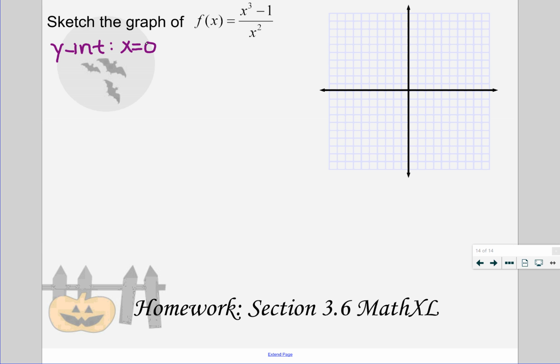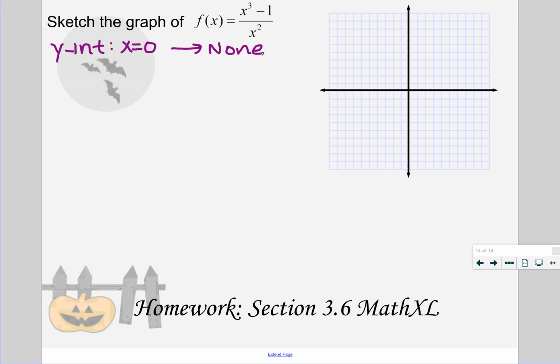Now, if I put 0 in this function in the denominator, what's going to happen? Am I allowed to divide by 0? No. So that means there is none, which means likely you actually have a vertical asymptote at 0. That would be what happens when you don't have a y-intercept. The y-axis is actually a vertical asymptote.